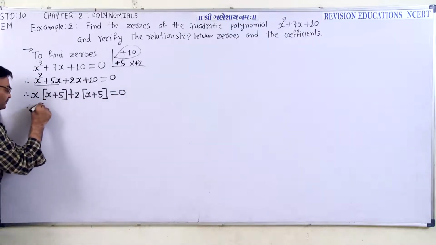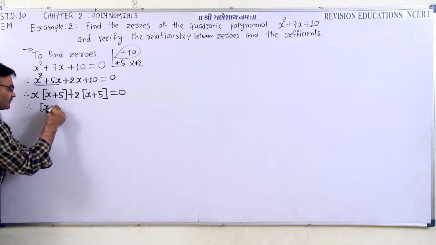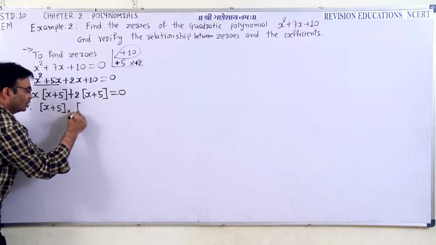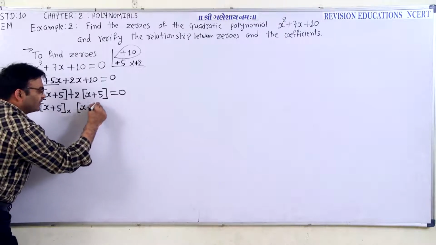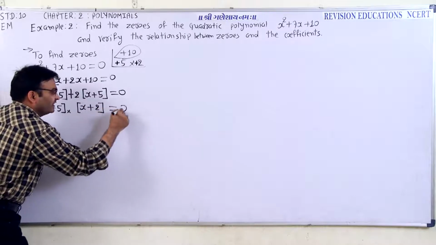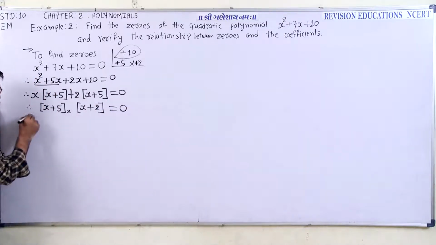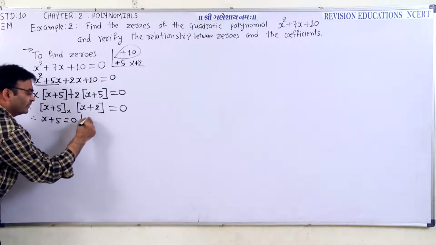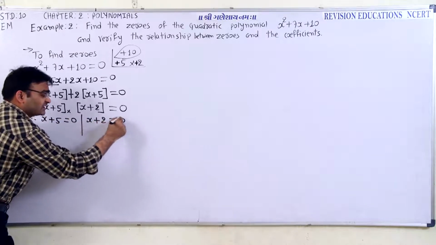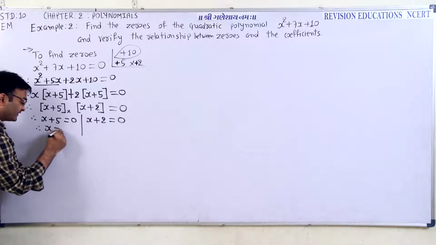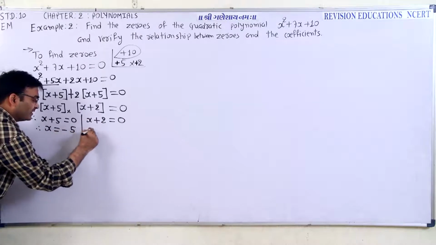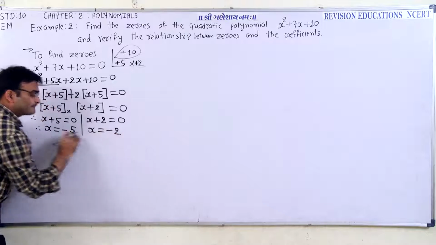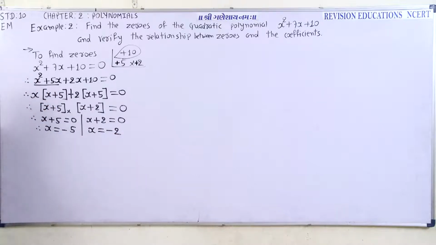So we write one bracket is x plus 5 and the other is x plus 2 is equal to 0. x plus 5 is equal to 0, x plus 2 is equal to 0, x is equal to minus 5, x is equal to minus 2.